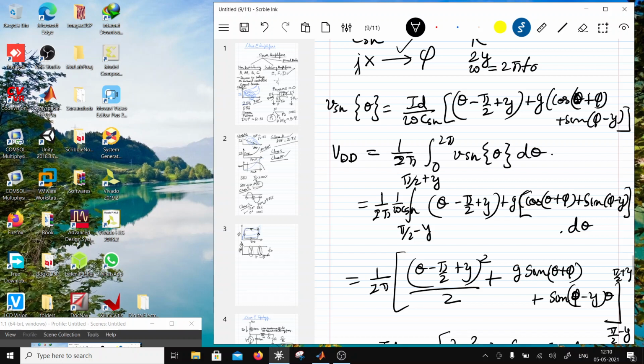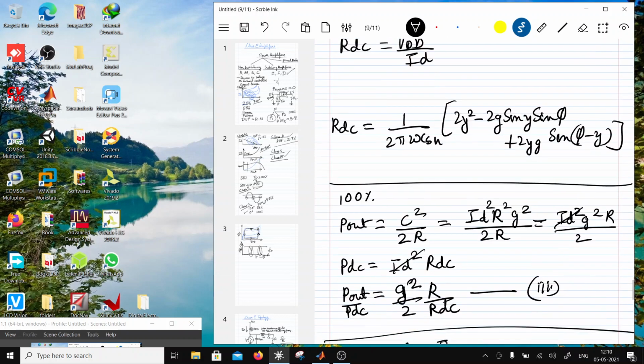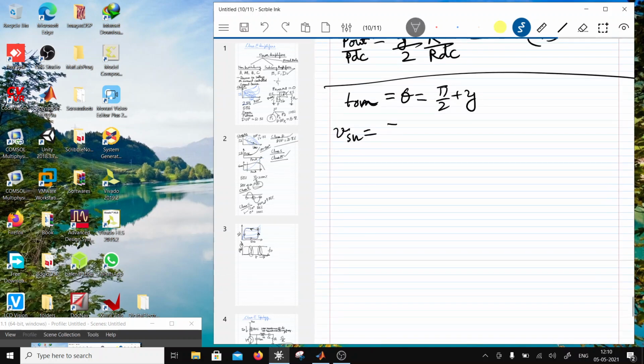So it will be twice of y here. IDC over omega CSH, and this will be theta minus pi by 2 plus y, so it will be twice of y.